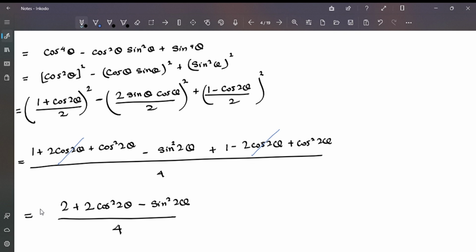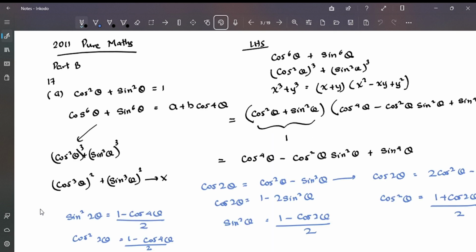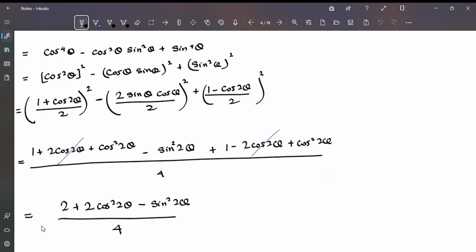Okay. Now here you can use cos square 2 theta and sin square 2 theta, this equation, and substitute them.